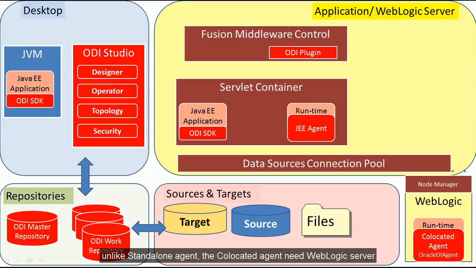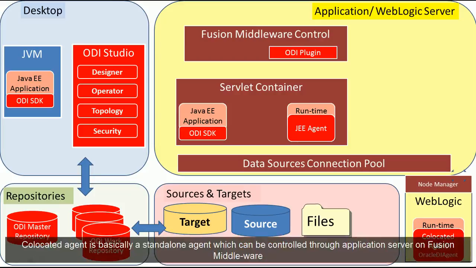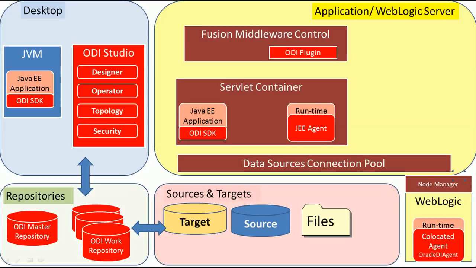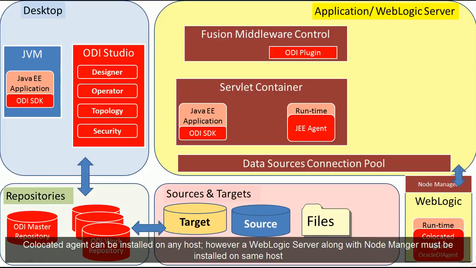Unlike standalone agent, the collocated agent needs WebLogic server. However, it need not be installed on application server like JEE agent. Collocated agent is basically a standalone agent which can be controlled through application server on Fusion middleware.